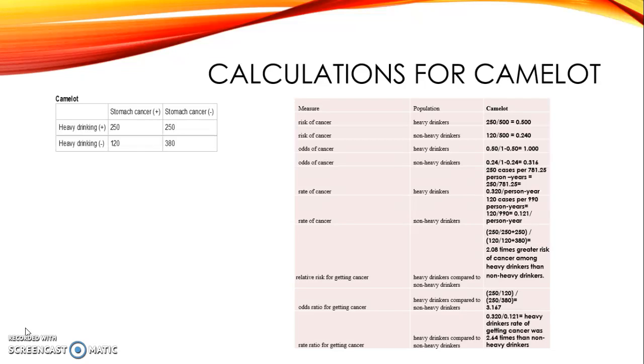And so the same calculations can be done for Camelot. Again, if we follow down to the relative risk and use the appropriate formula discussed previously, the first 250 will be A, the second 250 will be B, 120 will represent C, and 380 will represent D. According to the formula, it will be 250 divided by 250 plus 250, which gives a sum of 500, the total population, divided by 120 divided by 120 plus 380.